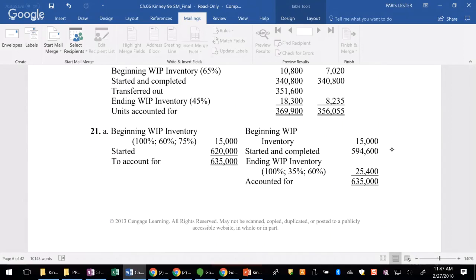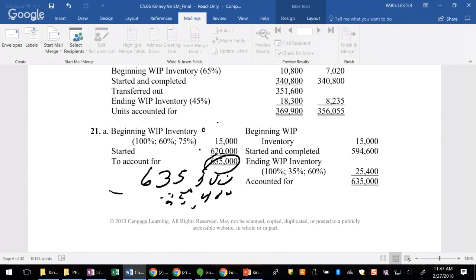If you had 15,000 in beginning inventory and you started, you got to account for these, no matter what method, 635. Now, if you have ending inventory 25,4, take the 635. Now subtract 25,4. And what do you get transferred out?